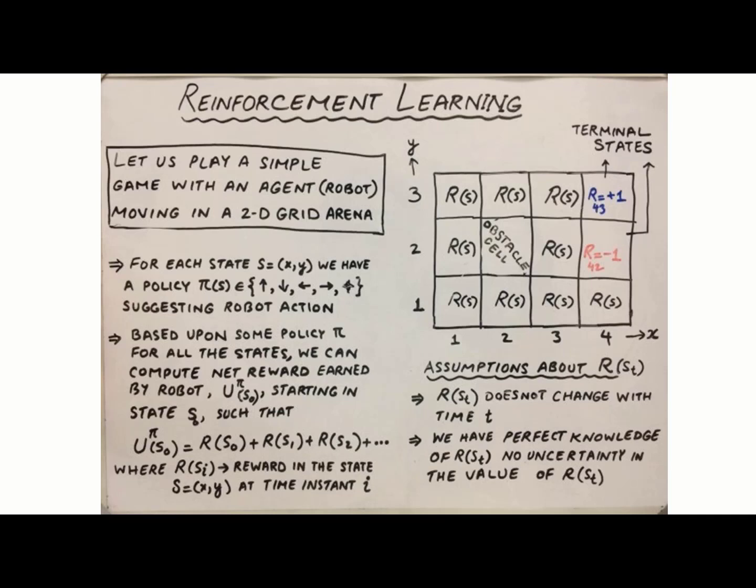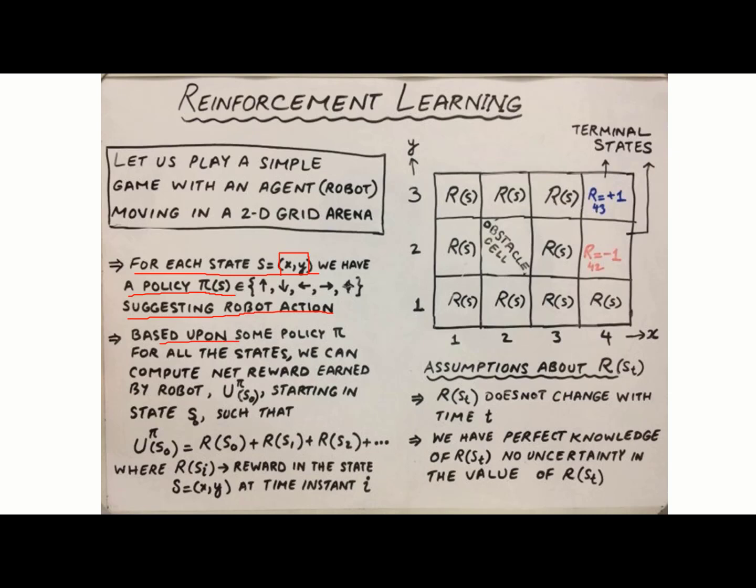So let us define our terms more crisply. We say that for each state S, which is represented by x, y, defining the location of the grid cell, we have a policy pi of S. This policy represents an action, as we saw earlier, an action for the robot to take.